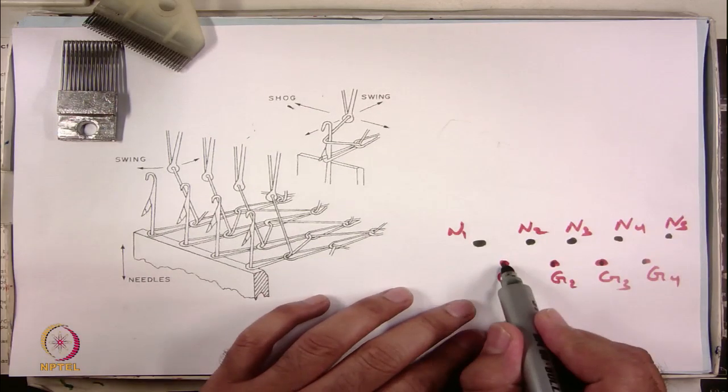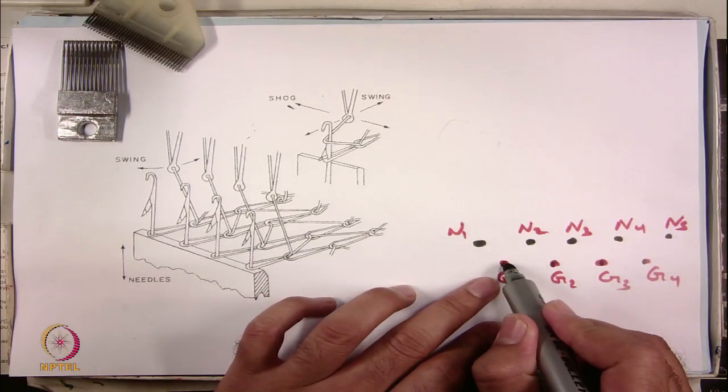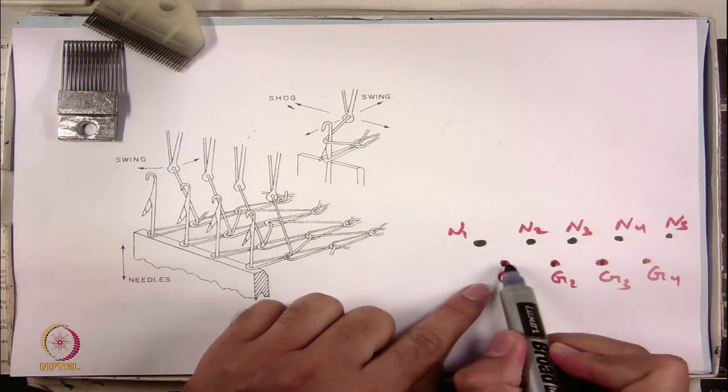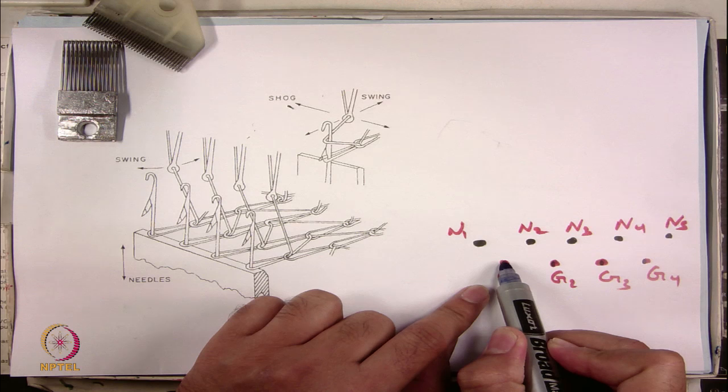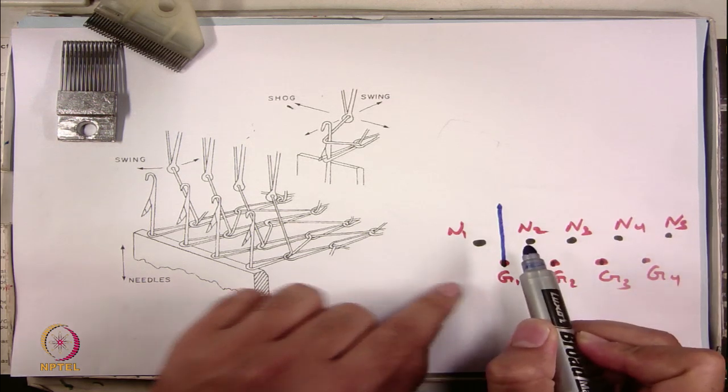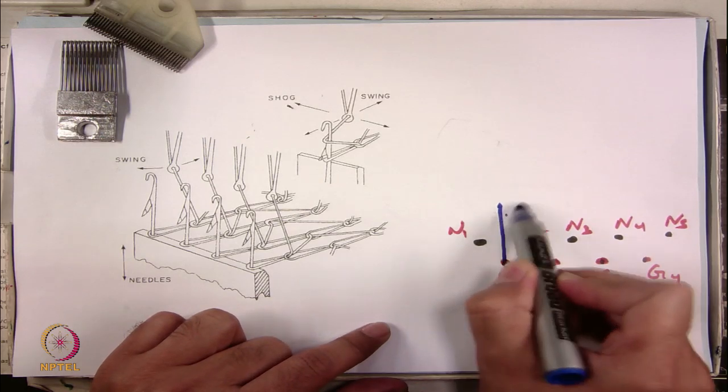If you start from here, the first thing the guide bar has to do is swing from back side to front side. This is swinging motion.